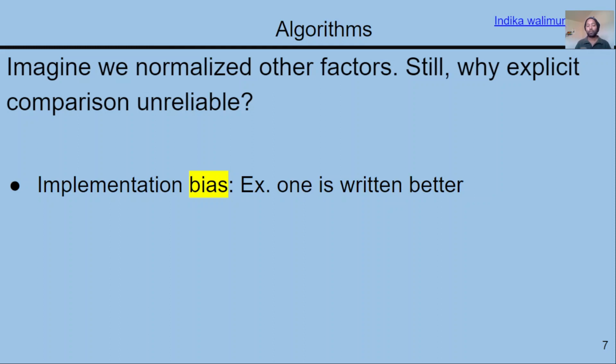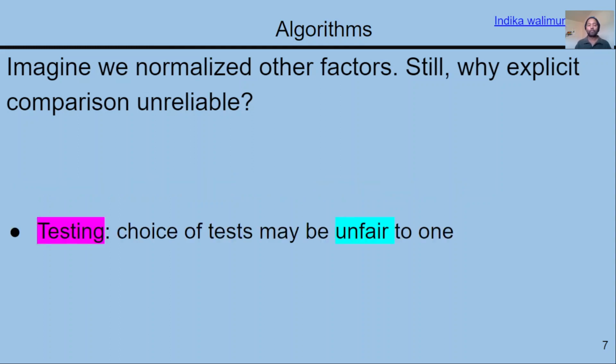So now there's programmer bias, and some of the test cases may be unfair to one of the algorithms and not the others. So now there's testing bias.